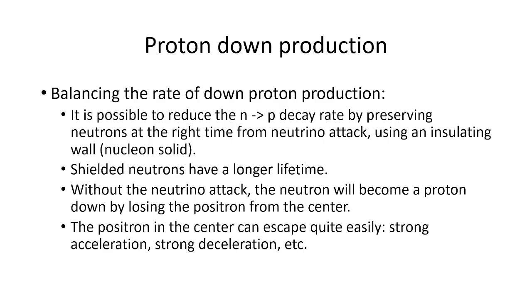Shielded neutrons have a longer lifetime. Without the neutrino attack, the neutron will become a proton down by losing the position from the center. The position in the center can escape quite easily. Strong acceleration, strong deceleration, etc.